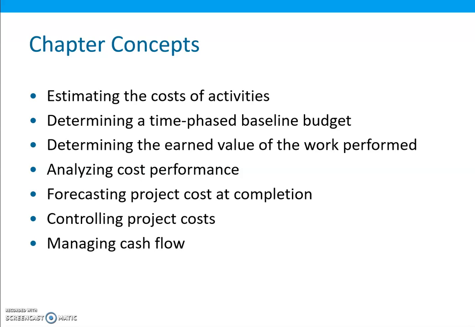Early identification of cost variances allows corrective action to be taken before the situation gets worse. So based on the actual cost expended and the earned value of the work performed, you will learn how to regularly forecast whether the entire project will be completed within budget.